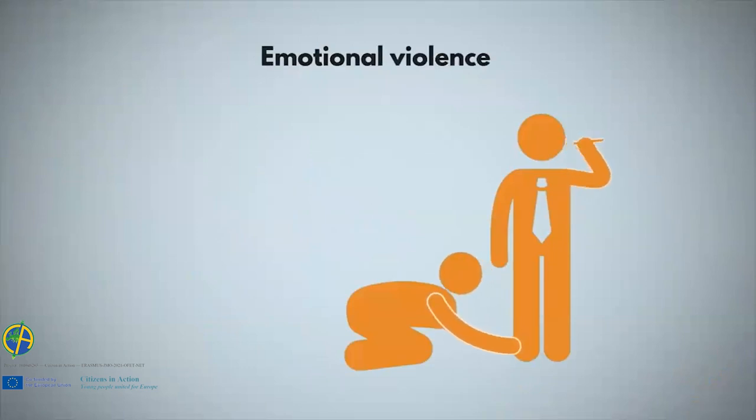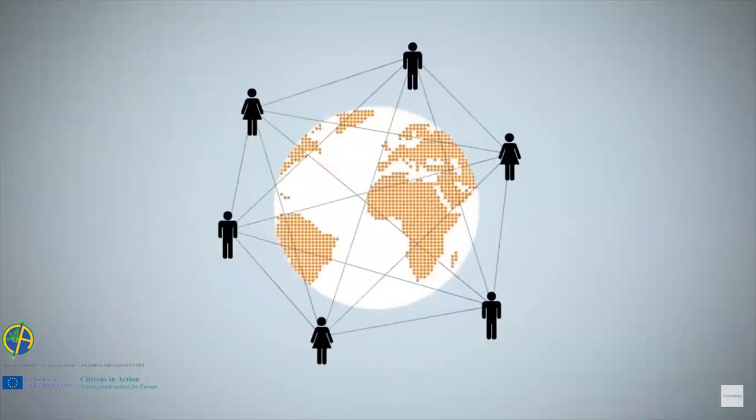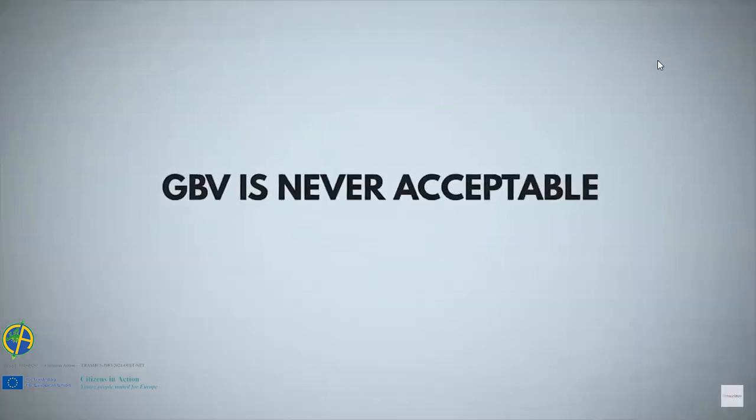Emotional violence can also include verbal abuse, humiliation, and controlling what a person can and cannot do. Emotional and economic violence are as equally damaging and disempowering as sexual and physical violence. These types of violence are often misunderstood or ignored by people, even those we turn to for help, like the police, the courts, and other support structures. No matter who you are, where you live, or who is inflicting it, GBV is never acceptable.